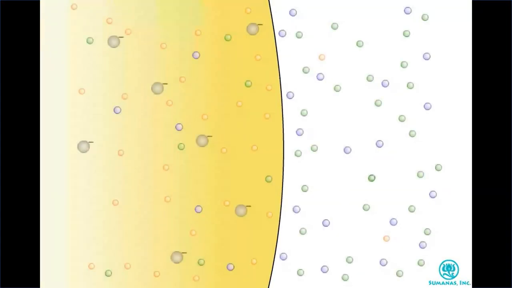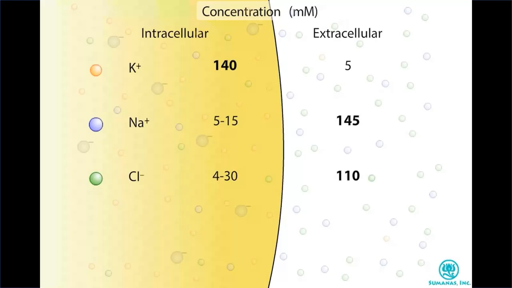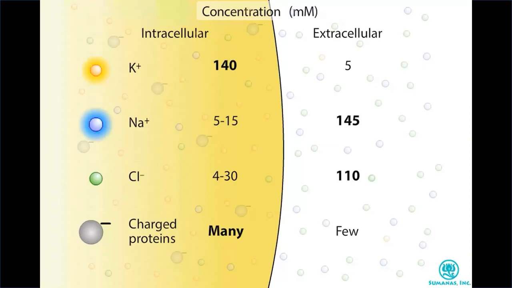This property allows a neuron to maintain different concentrations of ions between the inside and the outside of the cell by preventing the passive diffusion of ions from regions of high to low concentration. In a typical neuron at rest, there is a large difference in the concentration of ions such as sodium and potassium between the intracellular and extracellular environments. In addition, the interior of the cell has a high concentration of protein ions, each with a considerable negative charge.